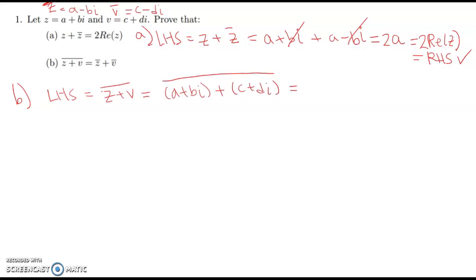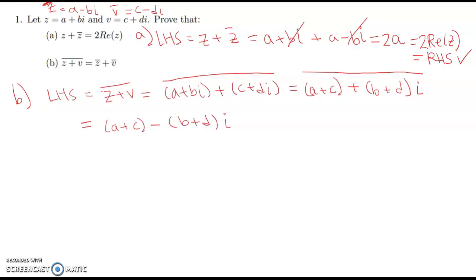I'm going to group the real parts first, a plus c, and group the imaginary parts as well, b plus d times i, and there still is that conjugate portion. If we have a conjugate, then the sign in the middle switches, so we have a plus c minus b plus d times i.